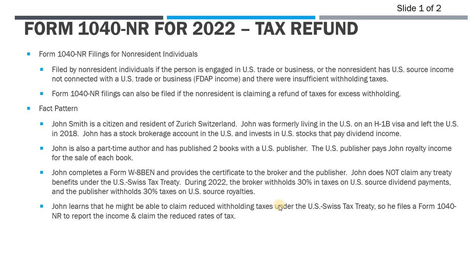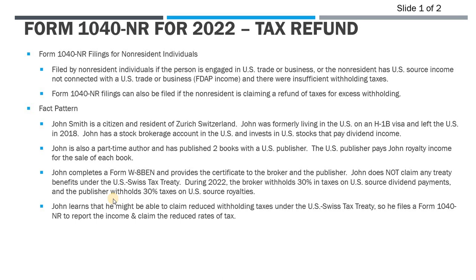And so if you don't claim any treaty benefits, the default rates apply, which is generally 30% withholding tax on U.S. source FDAP income. So the broker withheld 30% in tax on the U.S. source dividends paid into his account, and then the publisher withheld 30% in taxes on the U.S. source royalties that were paid to John, right?